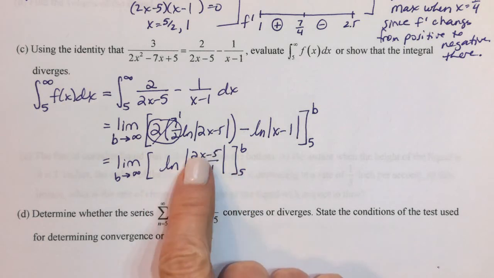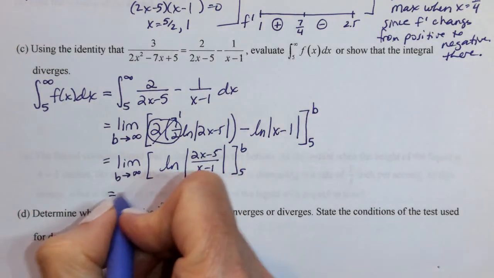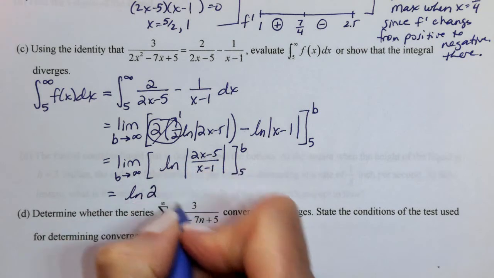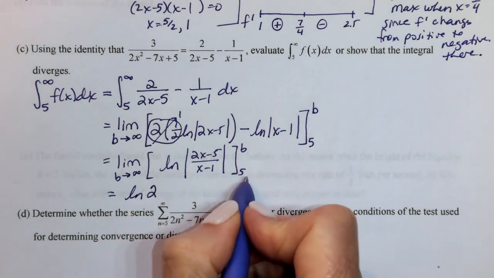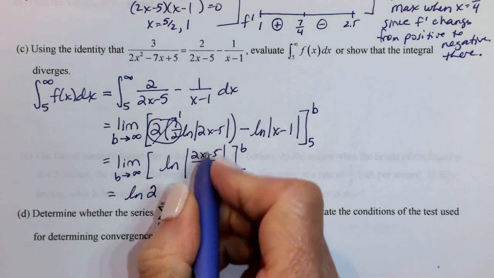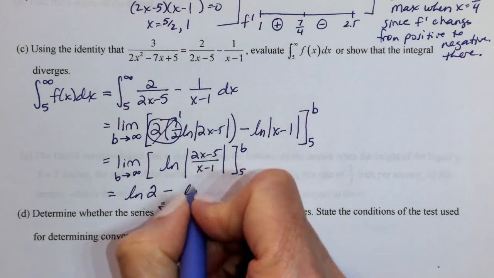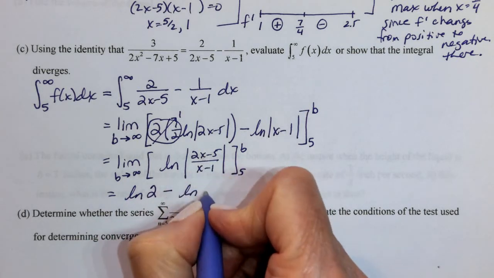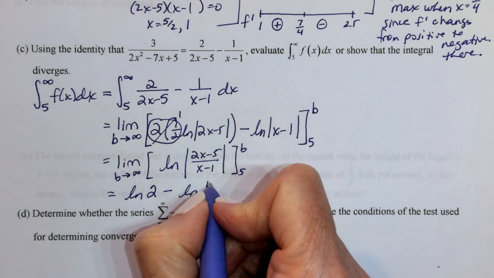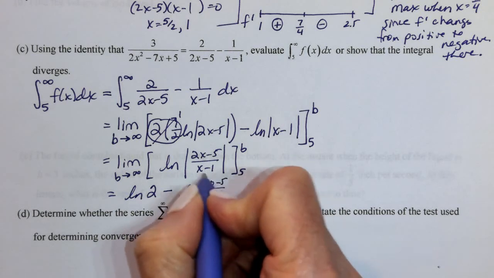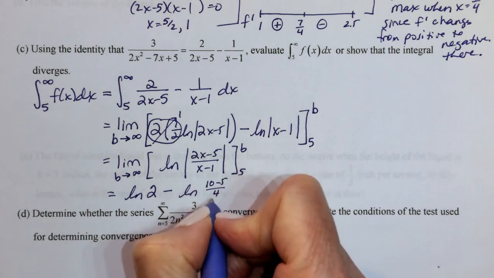So ln of 2. Taking that limit yields ln of 2. Now we put 5 in for x, so we'll have minus natural log of (10 minus 5) over (5 minus 1).